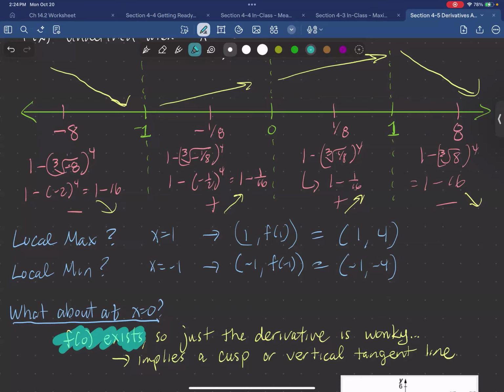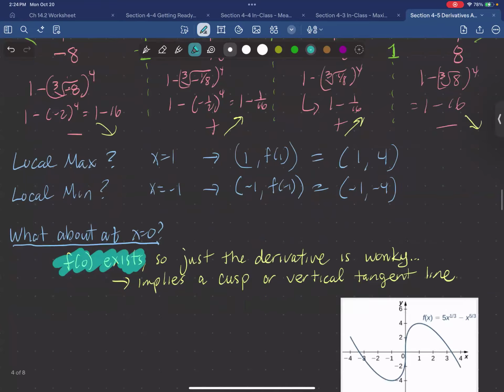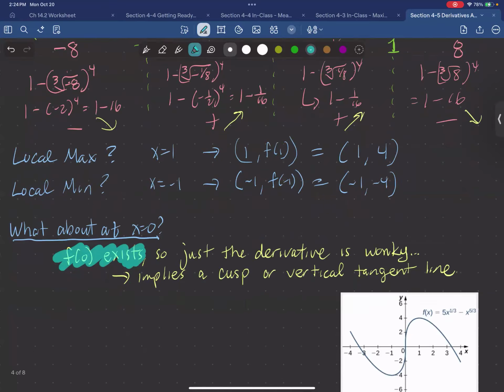And when the derivative doesn't exist there, we either have a cusp or a vertical tangent. When we take a look at the graph, we see that it is a vertical tangent line right there. So we're actually getting a vertical tangent at x equals 0. Okay?